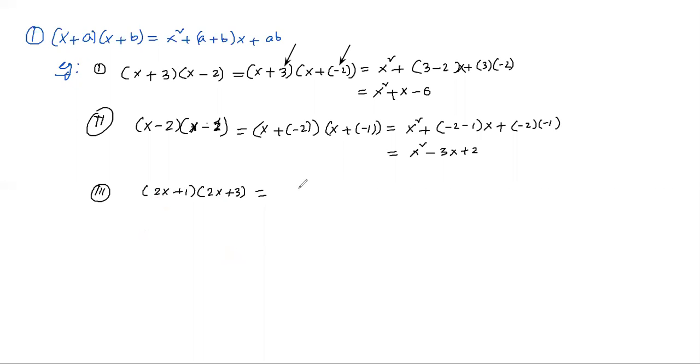In place of x you should write twice x, so twice x whole square. Then in place of a it is 1, b it is 3, so here it will be twice x, and then a into b, which is 1 into 3. So what will be your result? It is 4x square, then 8x, and this is 3.